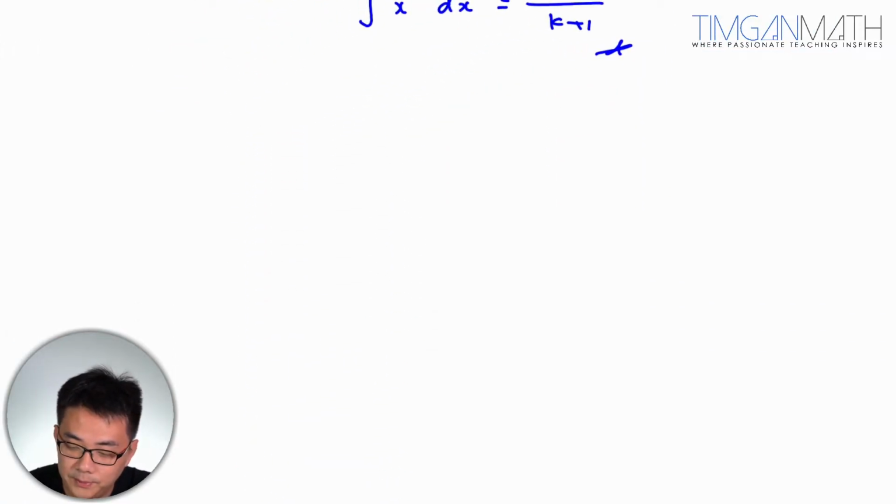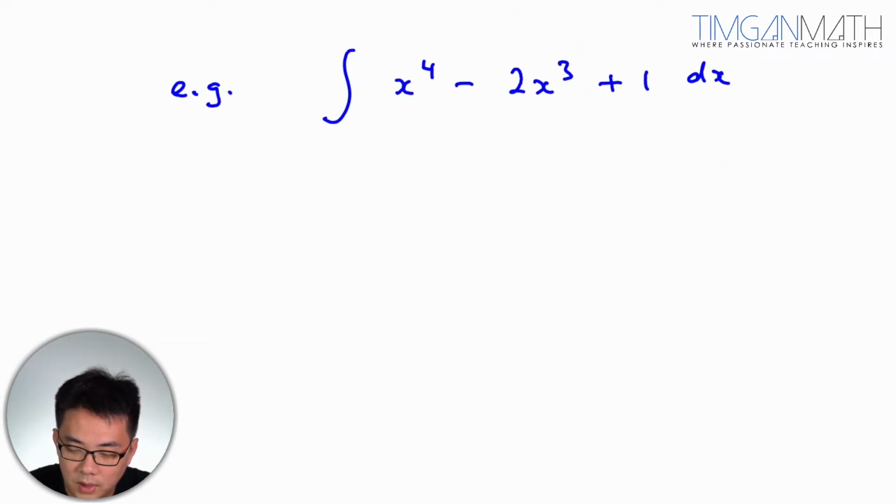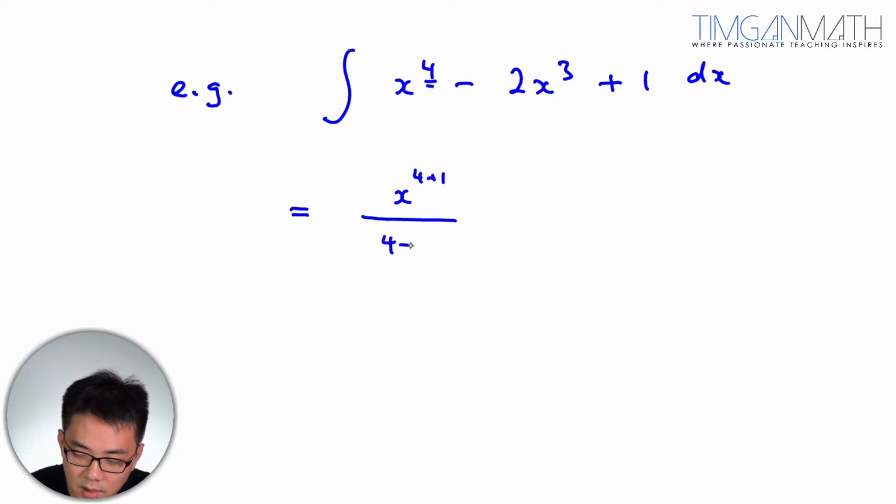So for example, if we're told to find the integration of x to the power of 4 minus 2x cubed plus 1 dx. After integration, this is what you do. You take the power, just add 1, then divide by 4 plus 1.